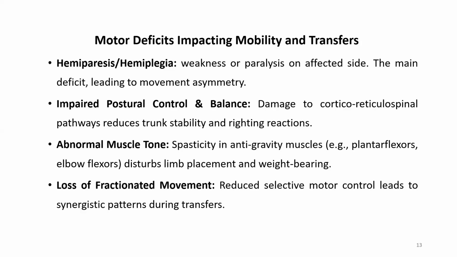This results from a reduction in selective motor control. So we tend to see synergistic patterns occurring when an individual tries to perform a movement or a transfer, maybe from chair to bed or from bed to chair.